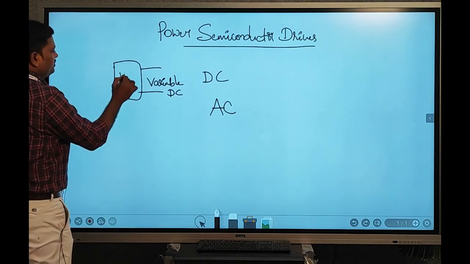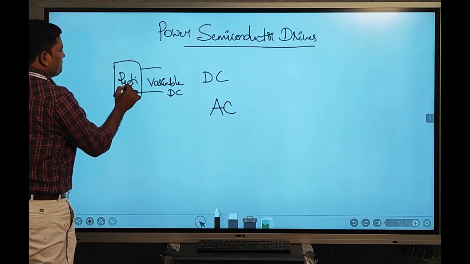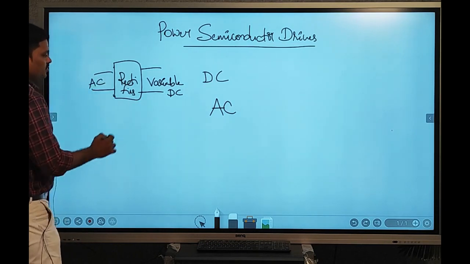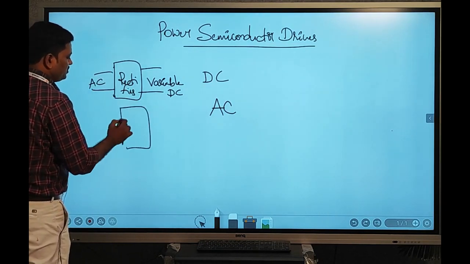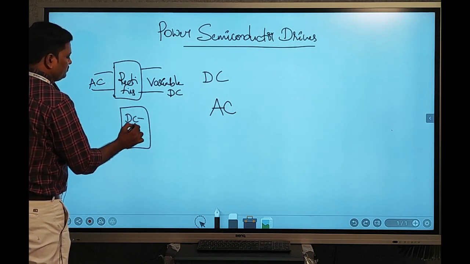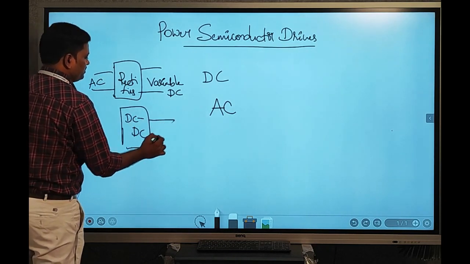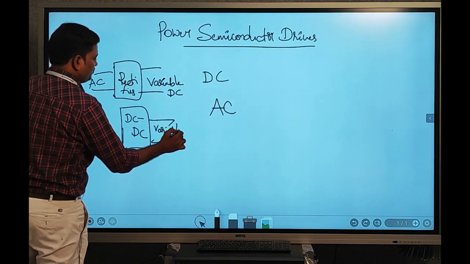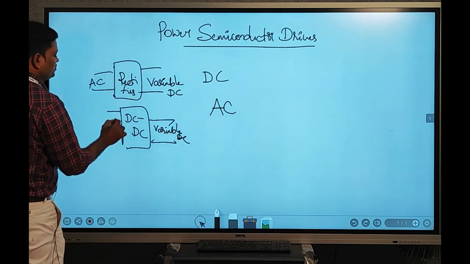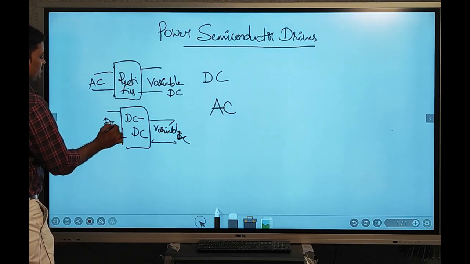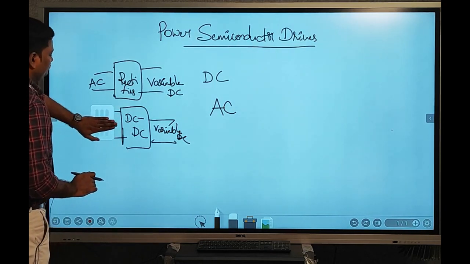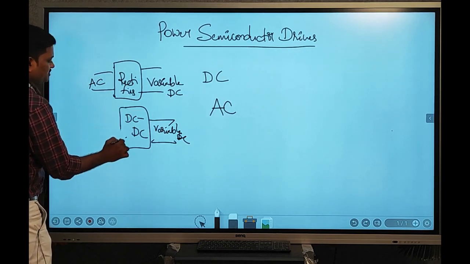One will be a rectifier, whose input is AC, and one will be a chopper, that is a DC to DC converter, which will again give you variable DC, but whose input is fixed DC.